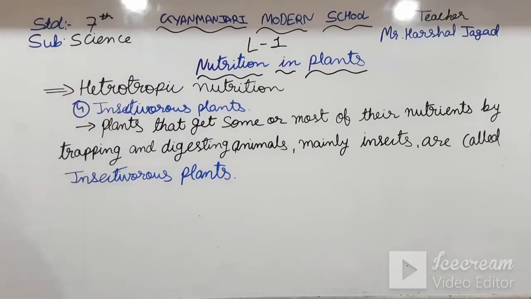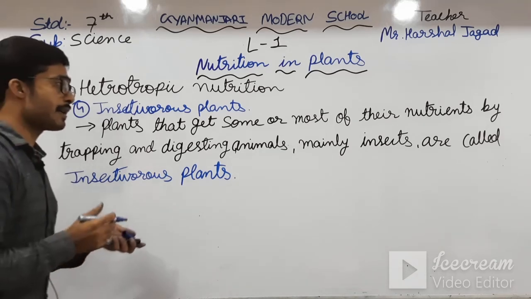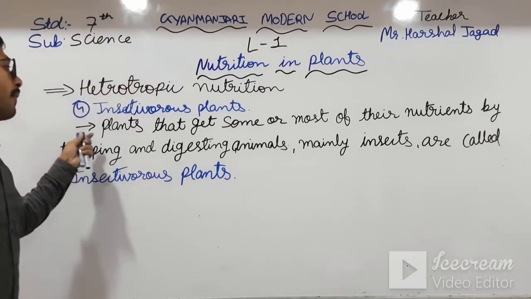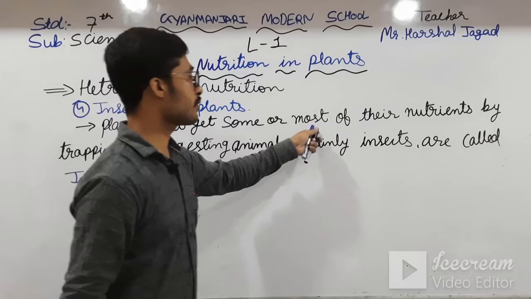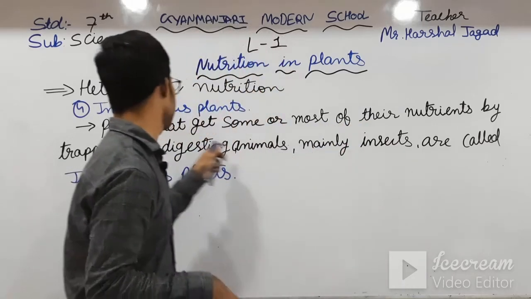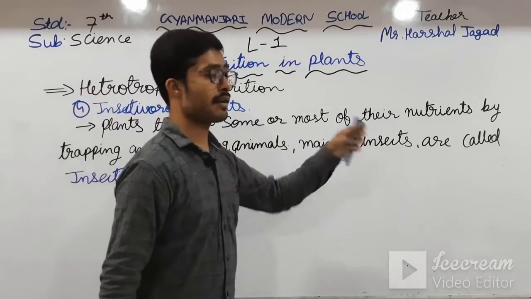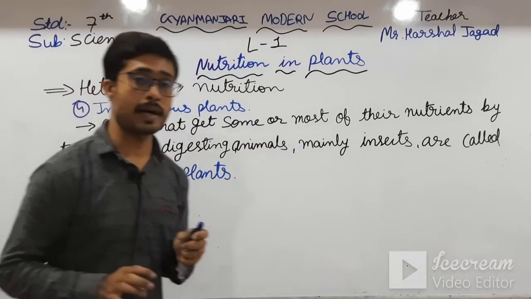So, what are insectivorous plants? They depend on other organisms for nutrition. See here, plants that get some or most of their nutrition by trapping and digesting animals, mainly insects, are called insectivorous plants.